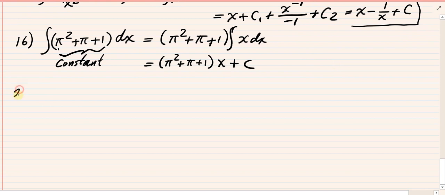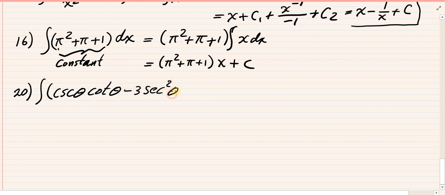In number 20, the integrand was the integral of cosecant theta cotangent theta minus 3 secant squared theta. And again, those two functions are directly in the table. The integral of cosecant cotan is going to be negative cosecant theta, right? And minus 3 is a constant multiple that can be brought outside.